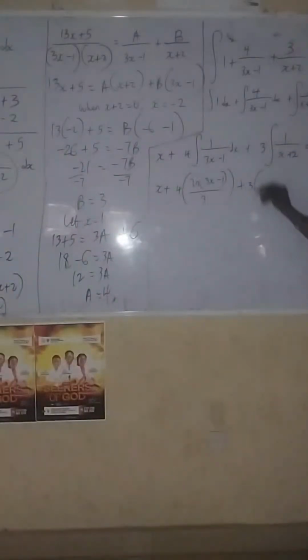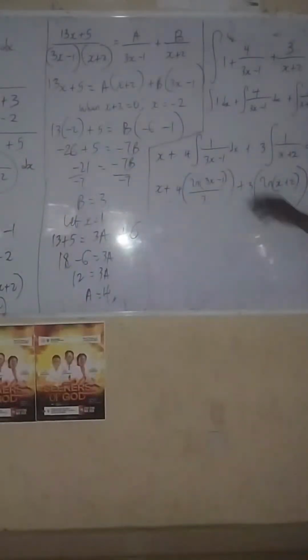Now, what about this one? Integrate 1 over x plus 2. ln x plus 2. Why is it not over 2? Because the derivative of x plus 2 is 1. So if you say ln x plus 2 over 1, you just say ln x plus 2. Is this okay?